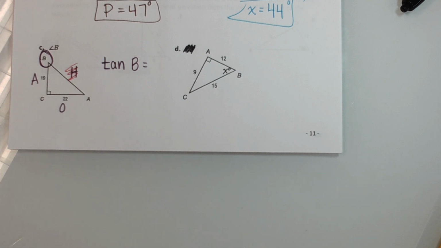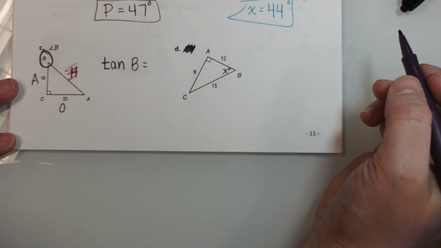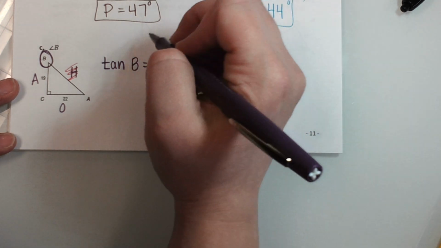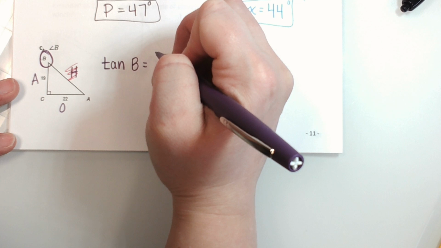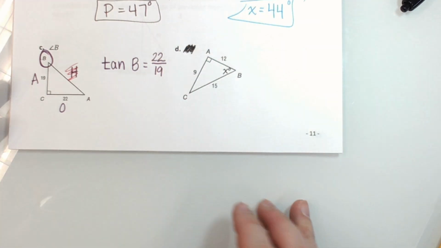Kellen, what's the fraction going to be here? The O and A, but the O goes on top and the A goes on the bottom. Good. So 22 over 19.